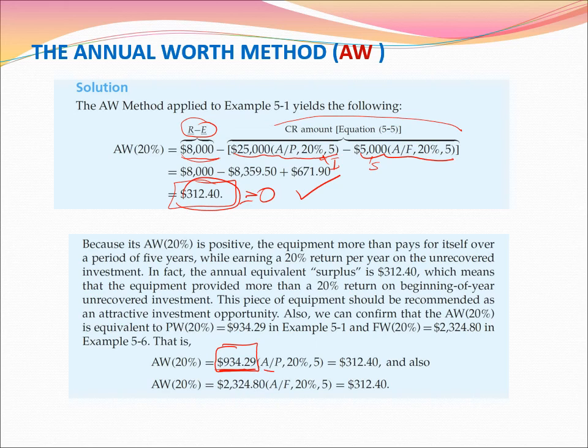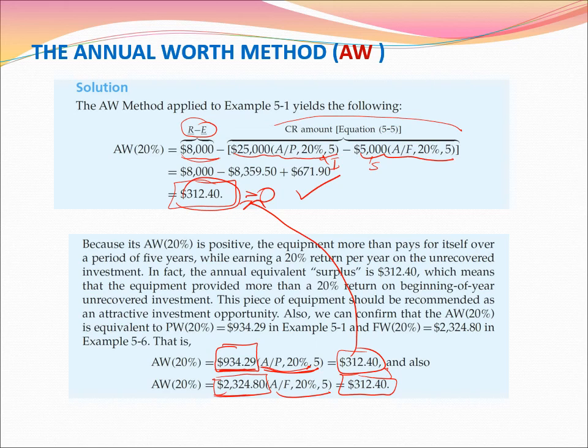If you find its annual equivalent, you will find exactly the same annual worth. Or, in the previous example, we found the future worth of the same project as this much. And if you find its annual equivalent using this factor, again, you will find exactly the same solution. So future worth, annual worth, present worth, if you are using the same MARR value, they will always give you the same decision.